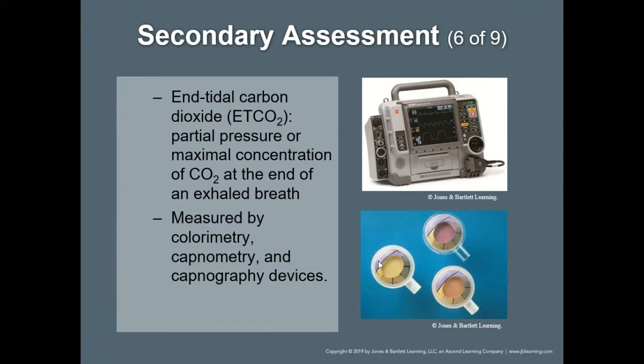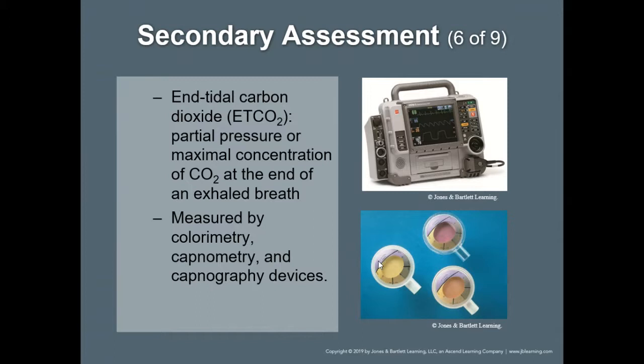The capnometry gives you a digital value or unit. Capnography gives you a value and a waveform. The normal range for CO2 levels is between 35 to 45 millimeters of mercury.